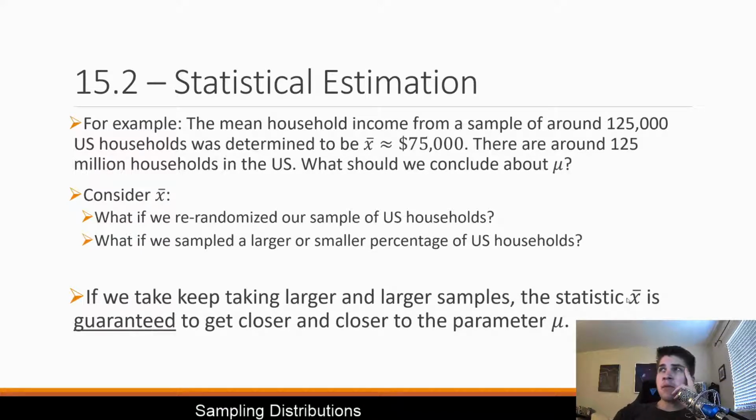And we could think about resampling this population. Let's say we did this again, and we did a different sample of 125,000 U.S. households, or re-randomized it. We could get an answer like 60,000 or 80,000 or 100,000. It just depends on what homes are surveyed, right? Because there are certain homes in the U.S. that are extreme outliers that are valued at, say, $5 million or $10 million, right?